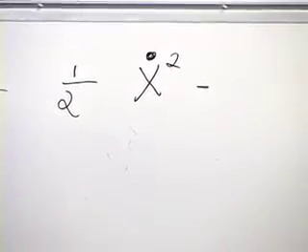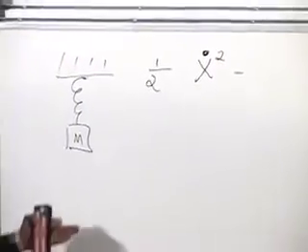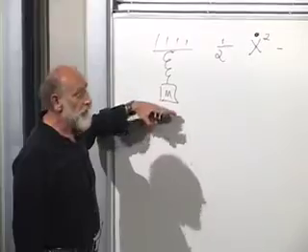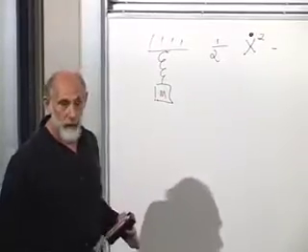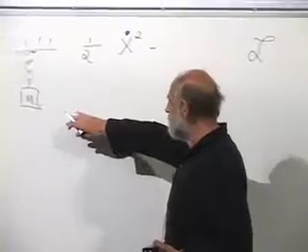What is the potential energy when you displace an oscillator away from its equilibrium position? Well, it increases if you displace it one way. It increases if you displace it the other way. In either direction that you displace it, the potential energy increases. That's why it tends to come back to the origin.